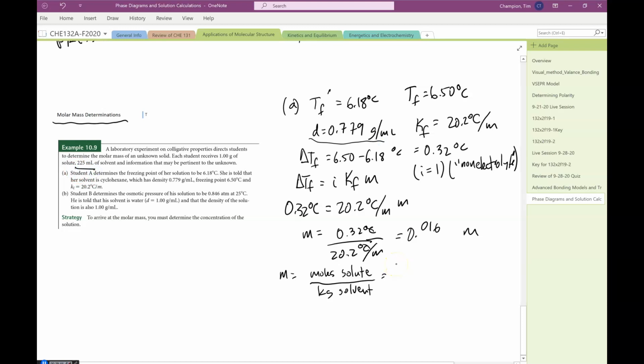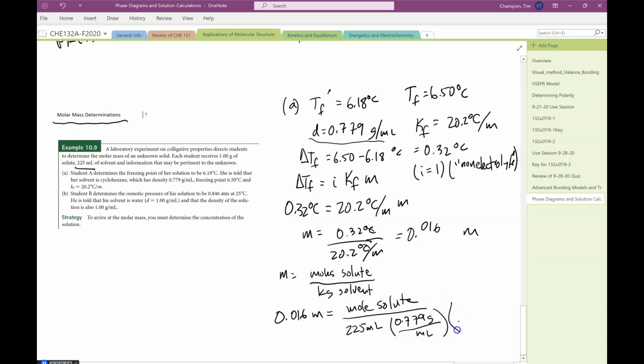So what we can then say is that our 0.016 molal is equal to moles of solute over, on the bottom, 225 milliliters, which I can multiply by 0.779 grams per milliliter.